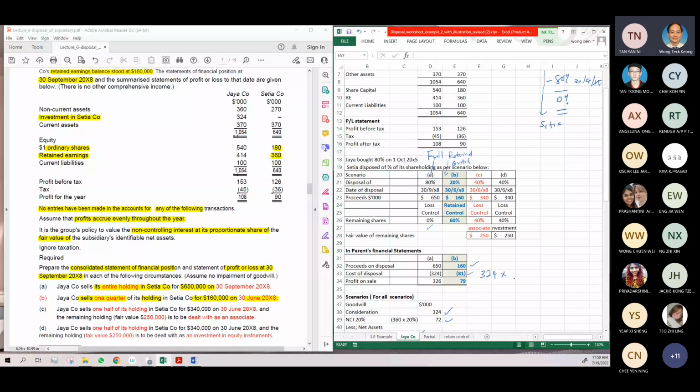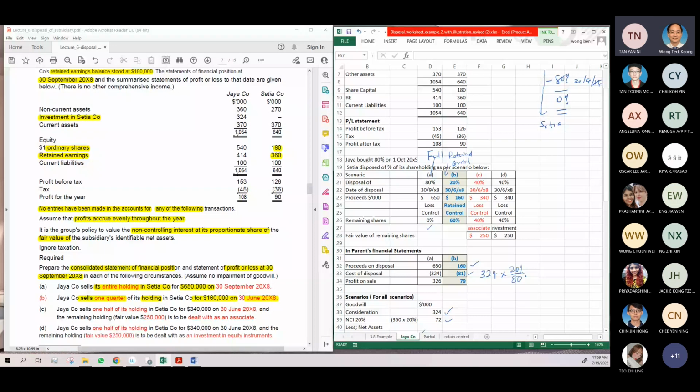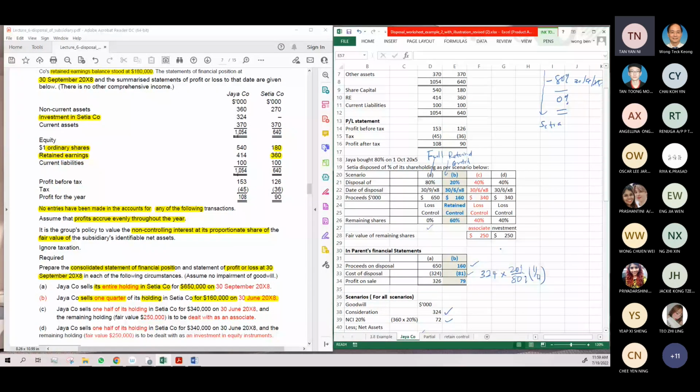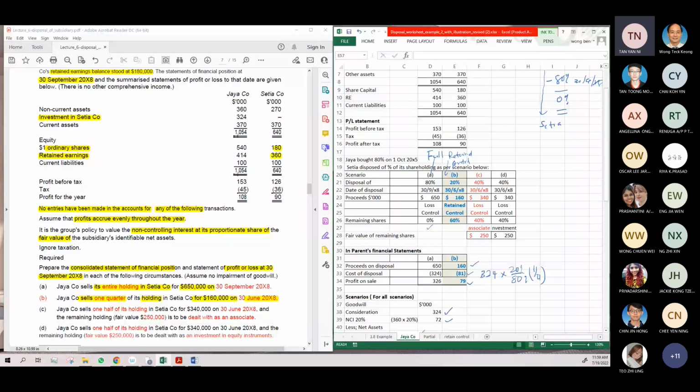This is in the parent's book, additional information for you. In the parent's book, you got 79.